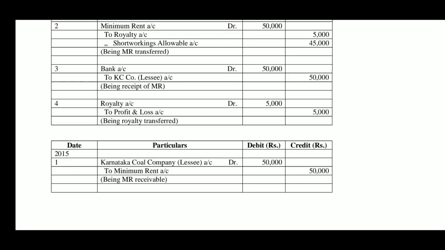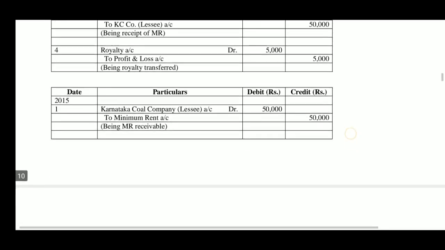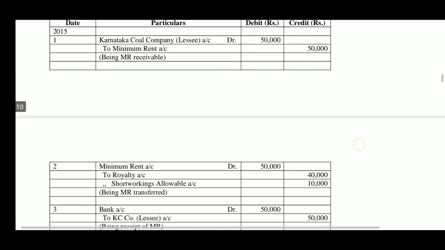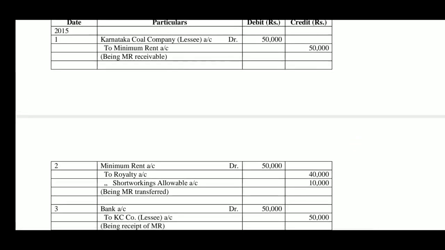Nextly, it is transferred. Minimum rent which was credited earlier, now it is debited. Minimum rent account is debited with 50,000 to royalty account 40,000 actual royalty, to short workings allowable account with the amount of short workings 10,000, being minimum rent transferred.